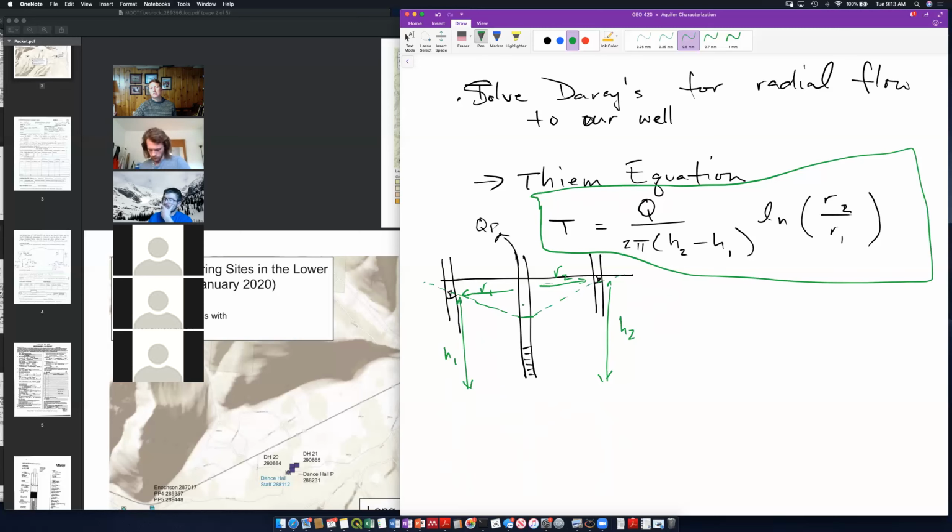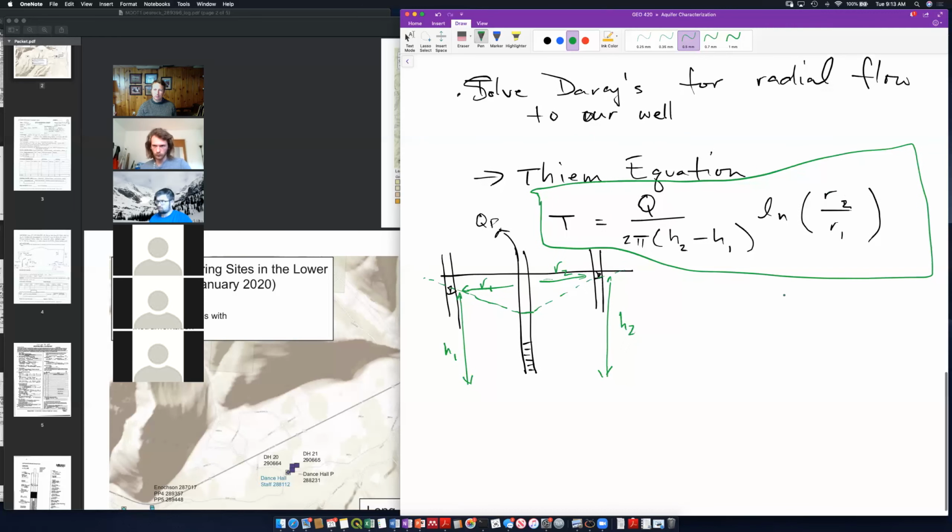I generally think of H2 as being farther away because then this keeps this positive. But it doesn't matter because with the natural log, if this one ends up negative, then this one will end up negative. So it shouldn't matter.